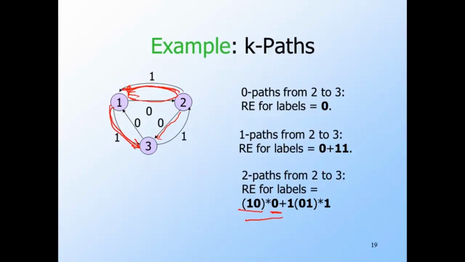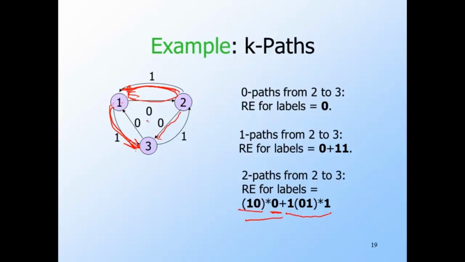Finally, though, you have to follow the arc from 1 to 3. And so 1 followed by (01)* followed by another 1 describes all those paths that start in 2, go from 1 to 2 several times, wind up in 1, and then go to 3.